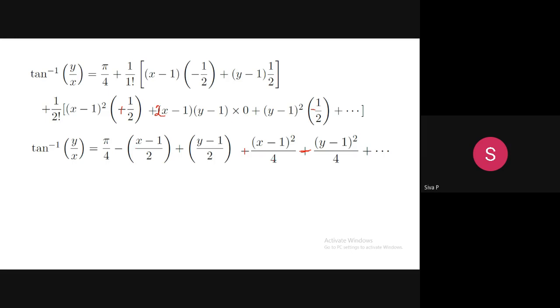So instead of plus here minus, here it is not plus, it is minus, then it is plus. Okay, this is the answer for this problem.